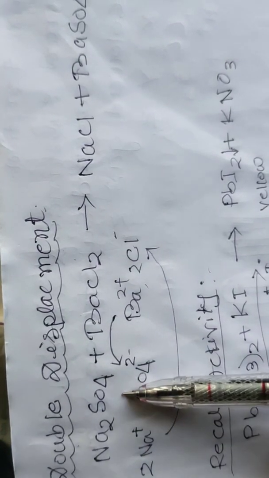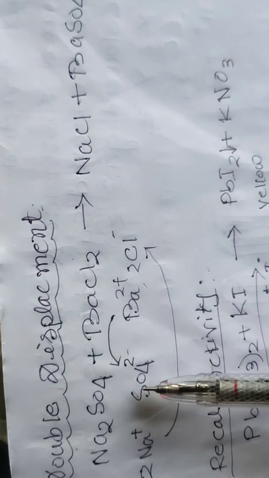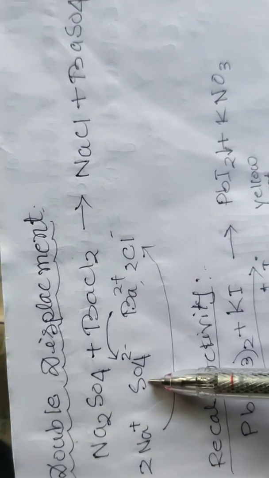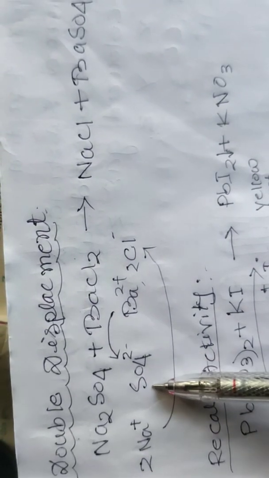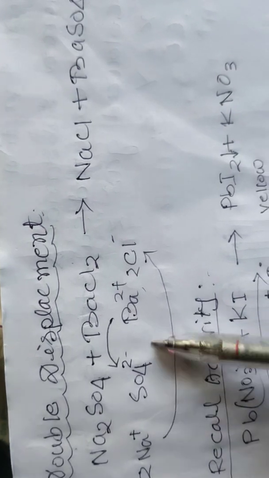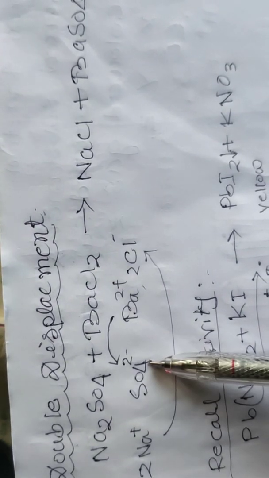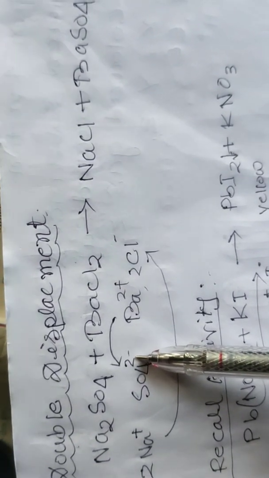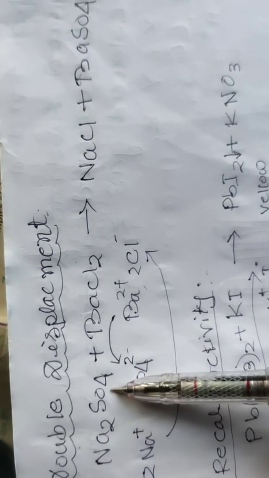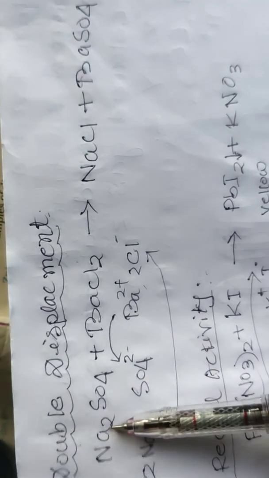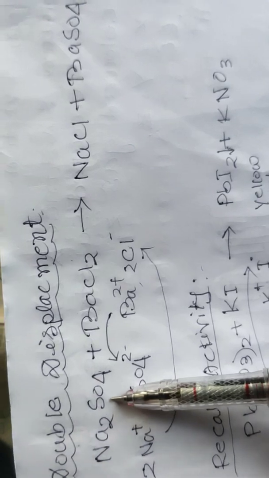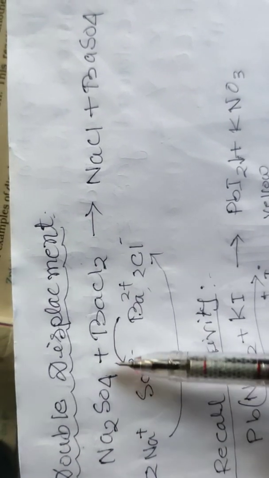SO4 has the valency 2, but it is a non-metal group. That is why it is written as minus. So this is plus, this is minus. Both the plus and minus ions will form a salt, forming an ionic bond.